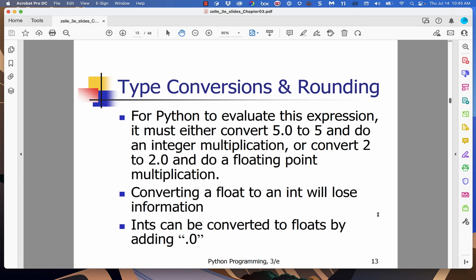So if we have a regular expression, not a slash expression, okay, because those are different. If we're doing an operation with an int and a float, well, it converts the int to a float, and then it does float arithmetic.